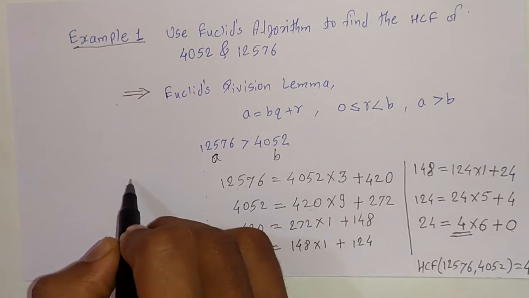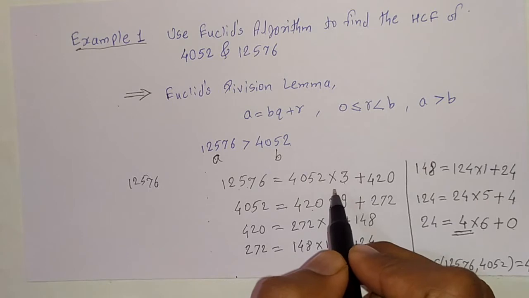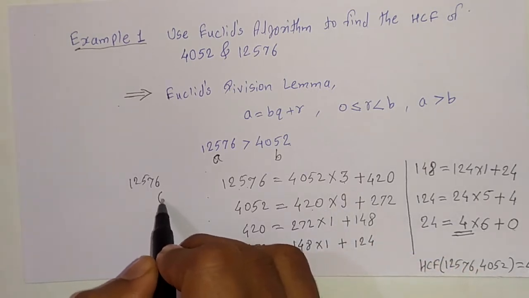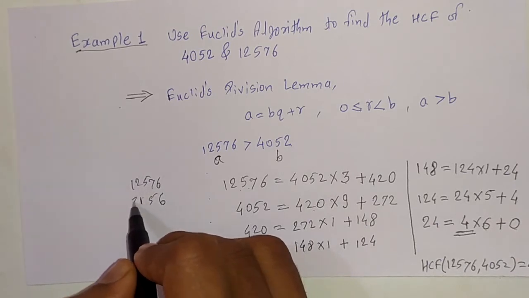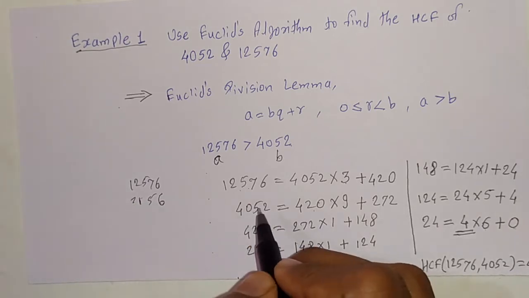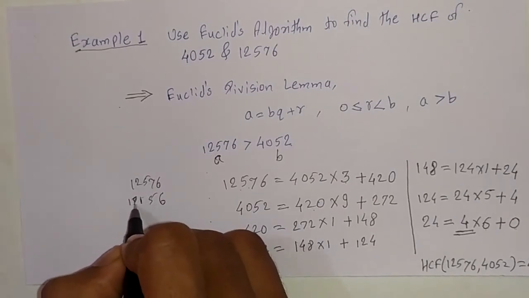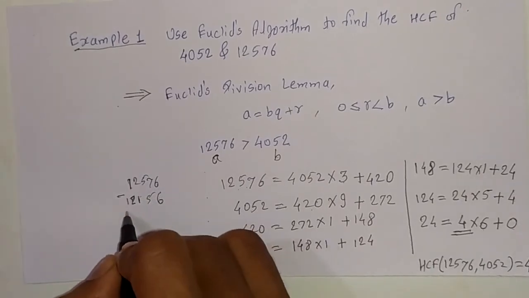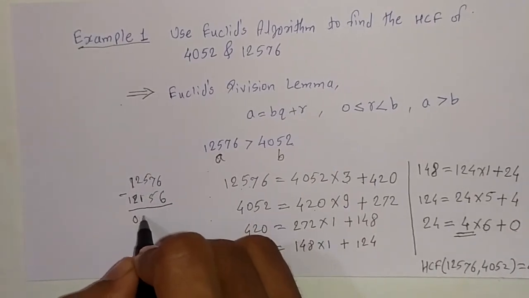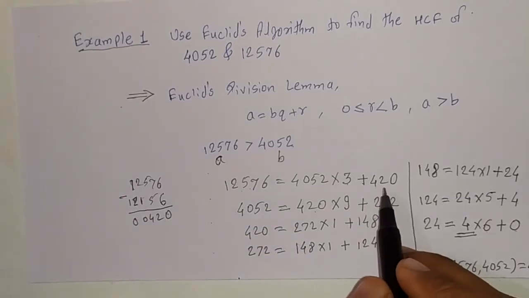You can see it here. 12,576, 4,052 into 3. If you subtract these two numbers, you will get the remainder as 420. That is the remainder here.